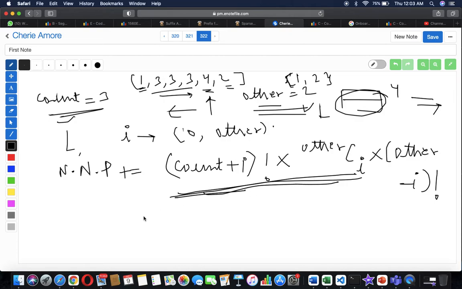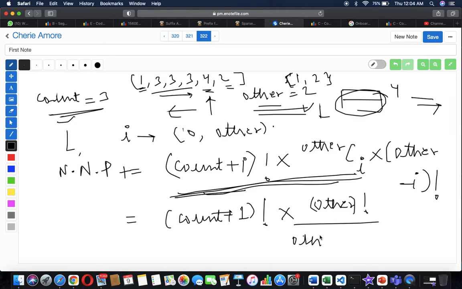Great. Okay. So (count plus I) factorial into other C I, into (other minus I) factorial. So let us open the combinations for this: other factorial divided by (other minus I) factorial into I factorial, into (other minus I) factorial.